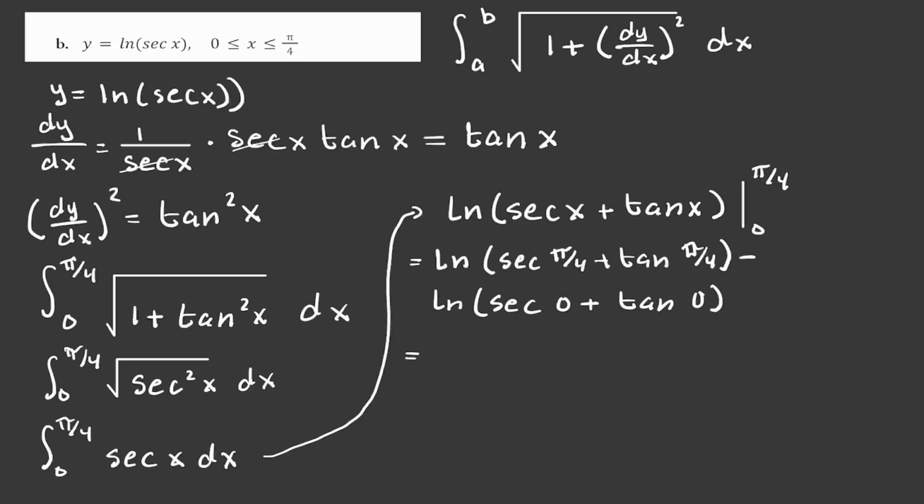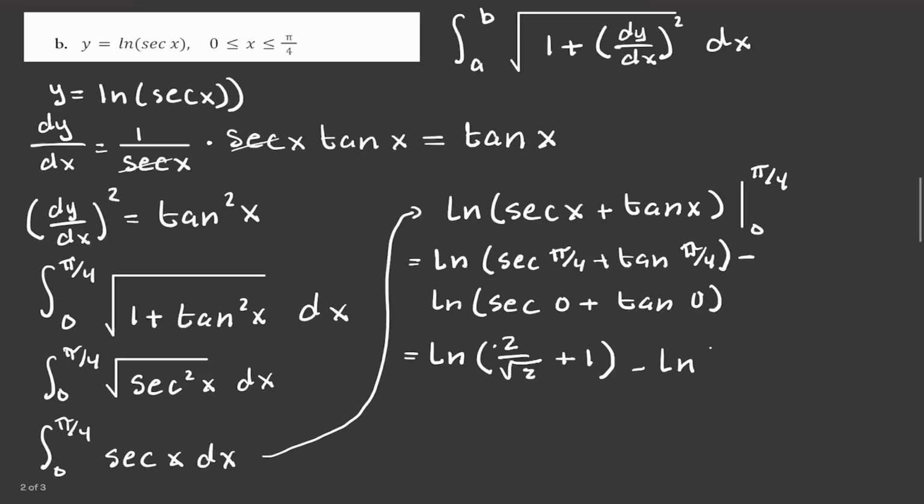Using the unit circle, we know that secant of pi over 4 is 2 over square root of 2, and tan of pi over 4 is 1, minus ln of secant of 0, which is 1, plus tan of 0, which is 0.